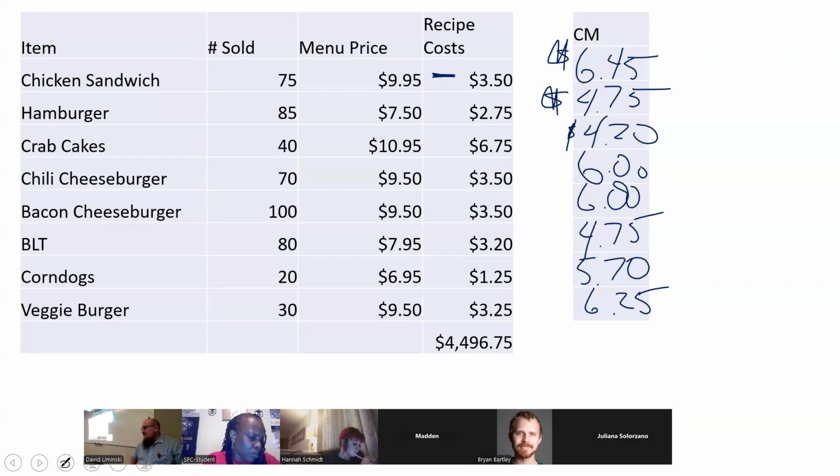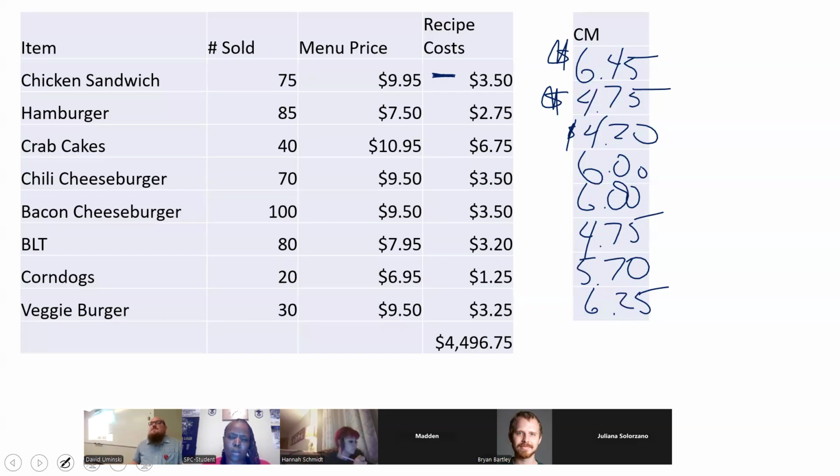Flip your page over to the back, the side that has the square on the bottom. In this top portion, copy over your top four contribution margins into the next-to-last column: $6.45, $4.75, $4.20, and $6.